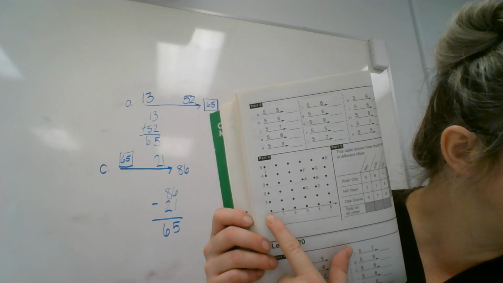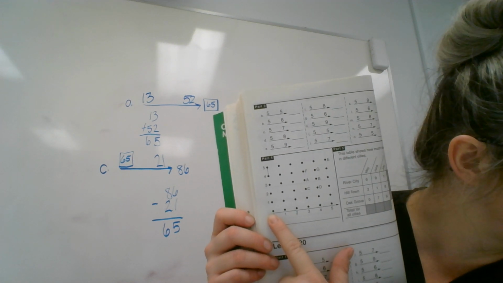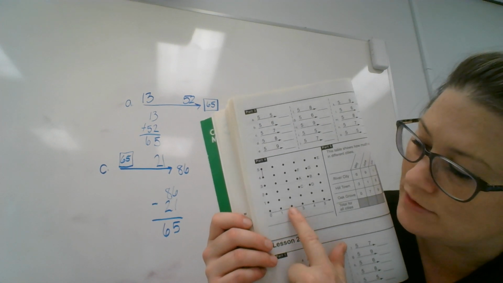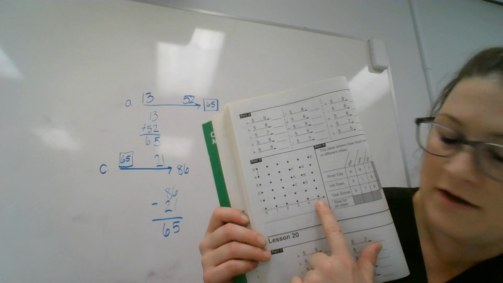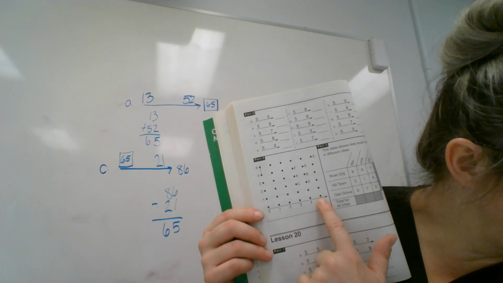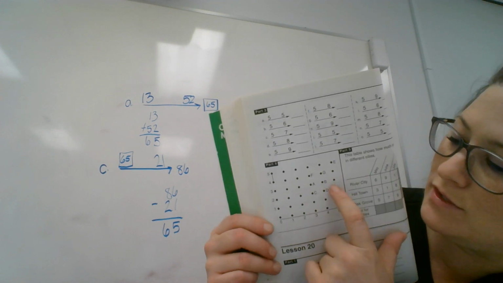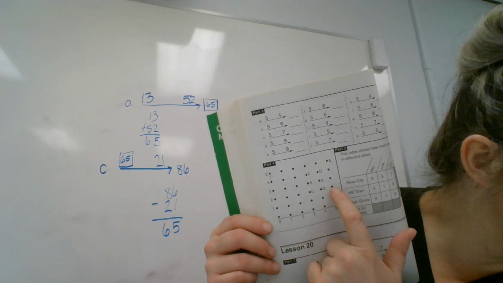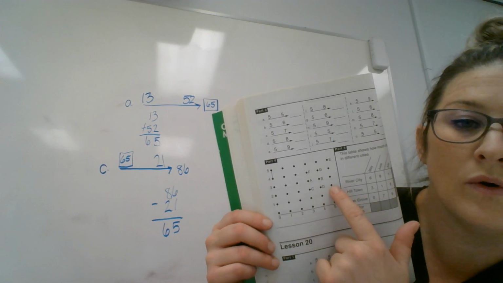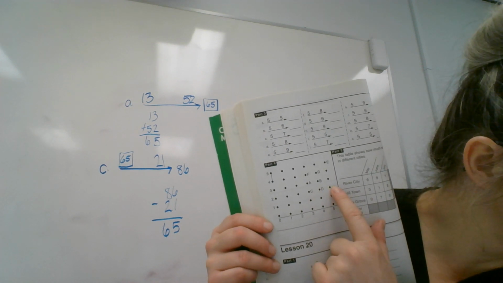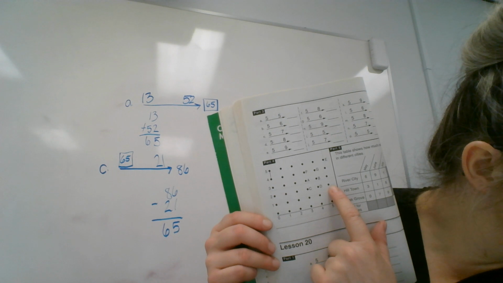Go 5 places along the arrow. 1, 2, 3, 4, 5. Then count up 2 places. 1, 2. Is my finger on a letter? No. Which letter is next to my finger? D. All right.